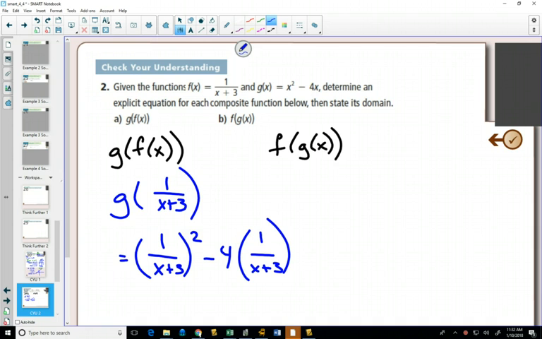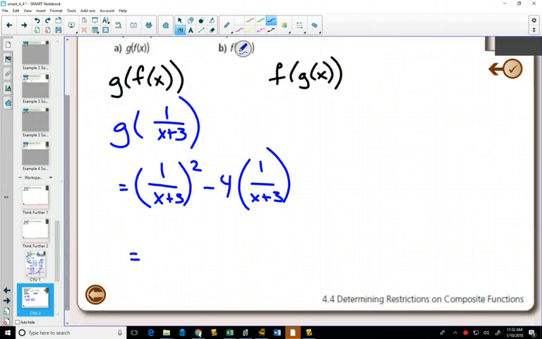Now, walking around and seeing some of the simplification, I want to point out one thing is when you would simplify this, on this side, when you square this, you're going to get 1 over x plus 3 squared. And when you square x plus 3, remember that you would have to distribute. You're going to get x squared plus 6x plus 9. I saw a lot of x squareds plus 9s.